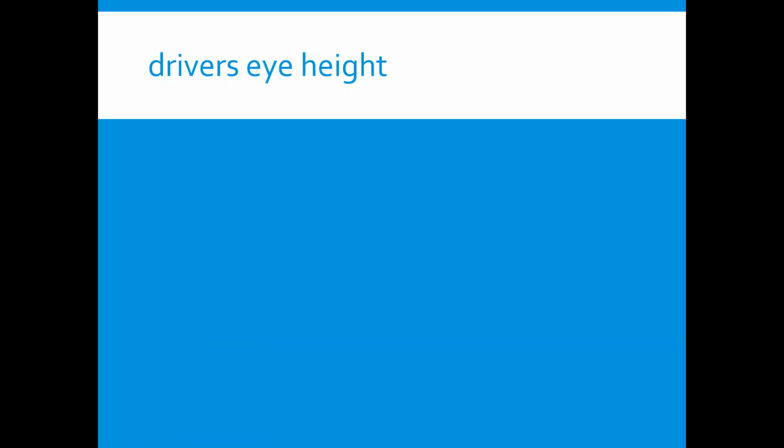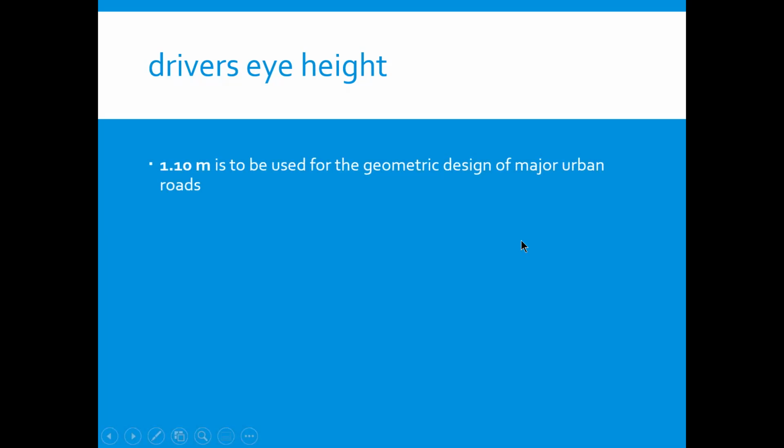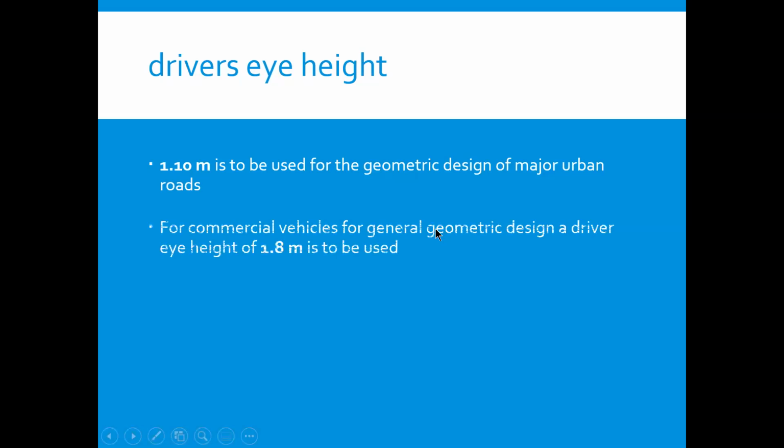Driver's eye height is a combination of the height of the driver's stature and driver's seat height. Based upon recent research and considerations of the characteristics of the vehicle fleet and the aging drivers, the car driver's eye height has been adopted as 1.1 meters, and that's the height that should be used for the geometric design of major urban roads.